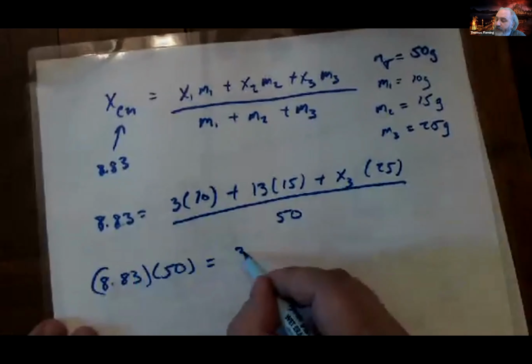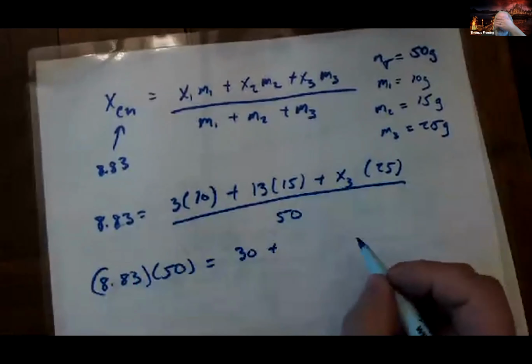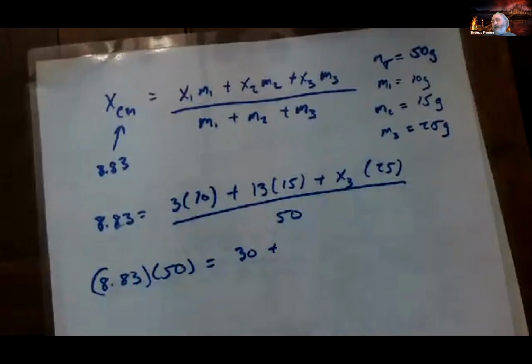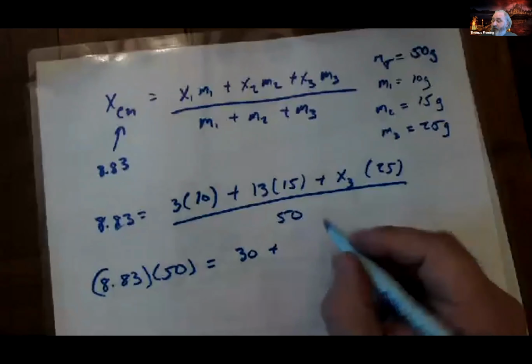Three times 10 is 30. 13 times 15 is, I don't want to do it in my head, 195.